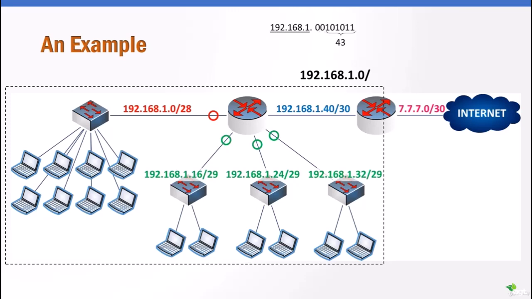So that's 26. And that's going to be our new subnet mask. So 192.168.1.0/26 is our summary address for this entire network.